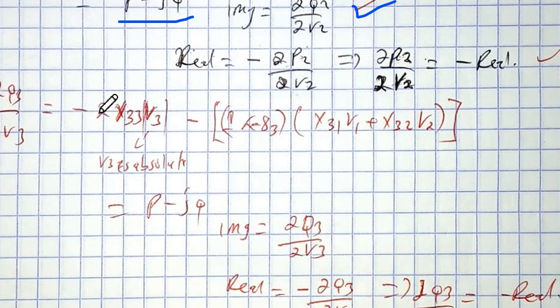Partial Q3, partial V3 is negative 2 Y33 V3, because we have 3 here. Remember this is absolute, minus 1 at an angle negative del 3. So we are using absolute so that the angle is used after the negative sign here. So minus 1 at an angle negative del 3, Y31 V1 plus Y32 V2.